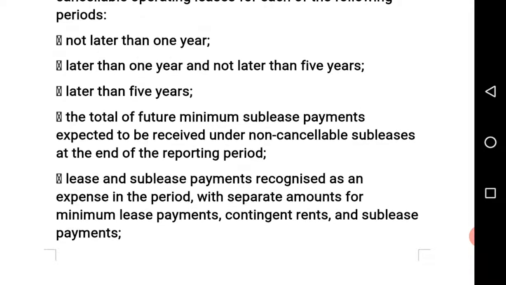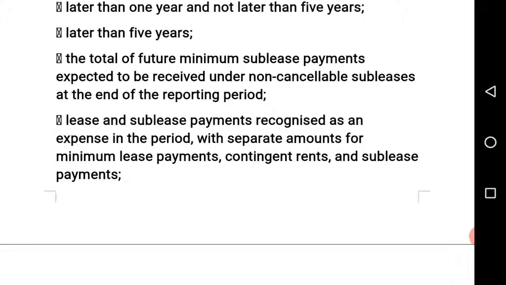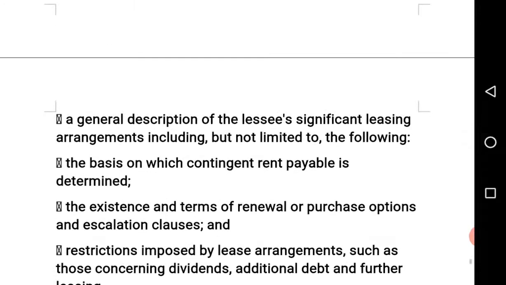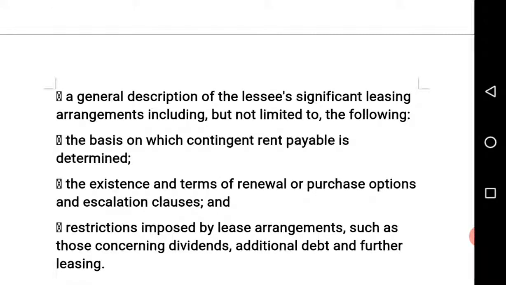D. The total of future minimum lease payments expected to be received under non-cancellable subleases at the end of the reporting period. And we go further: the lease and sublease payments recognized as an expense in the period, which separates amounts for minimum lease payments, contingent rents, and sublease payments. Further, a general description of the lessee's significant leasing arrangements, including but not limited to the following.